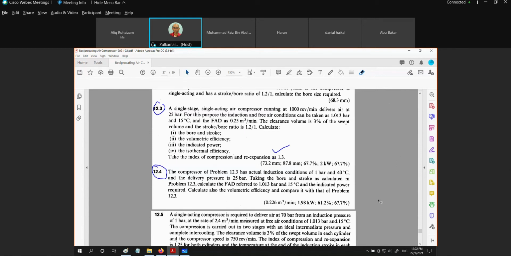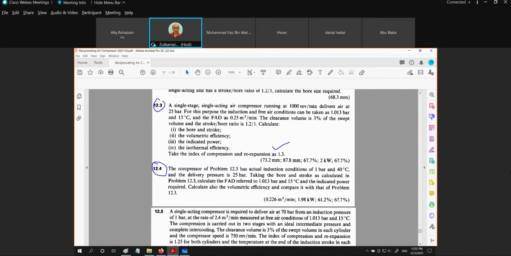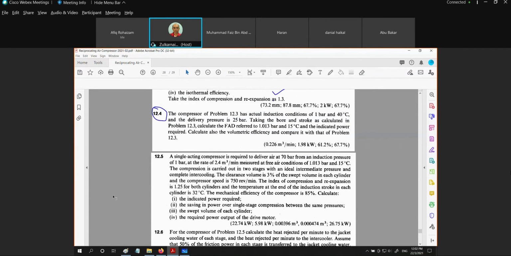So 12.4. The compressor of problem 12.3 has actual induction condition of 1 bar and 40 degrees C, and delivery pressure 25 bar. Taking the bore and stroke as calculated in problem 12.3, calculate the FAD referred to 1.013 bar.